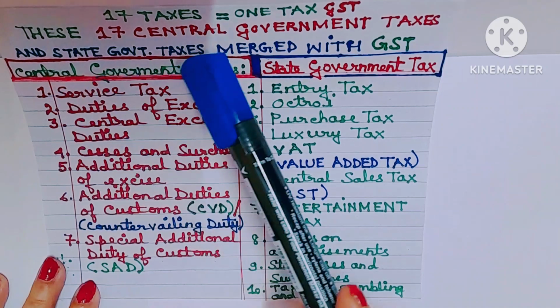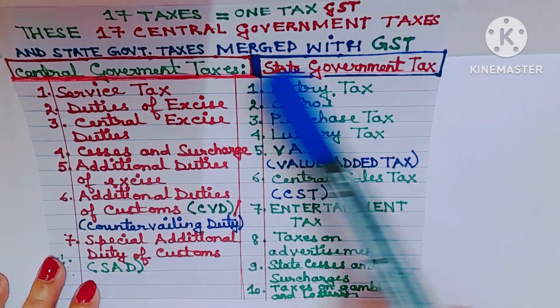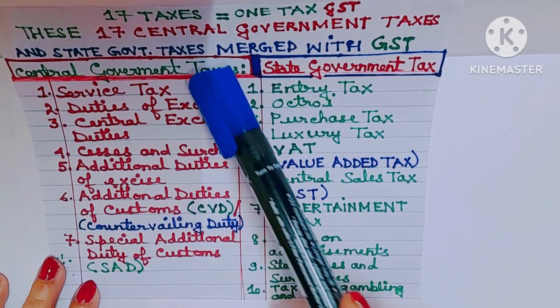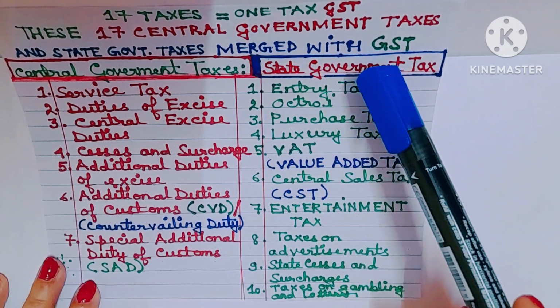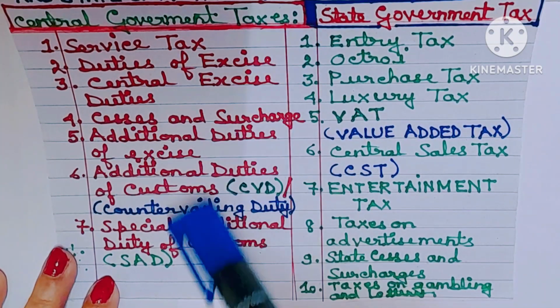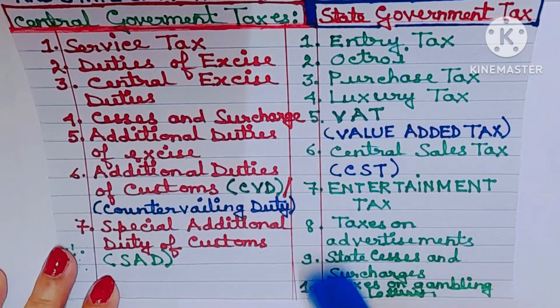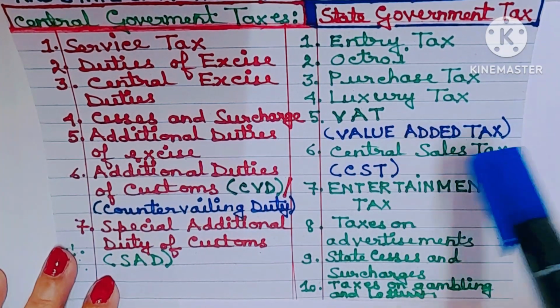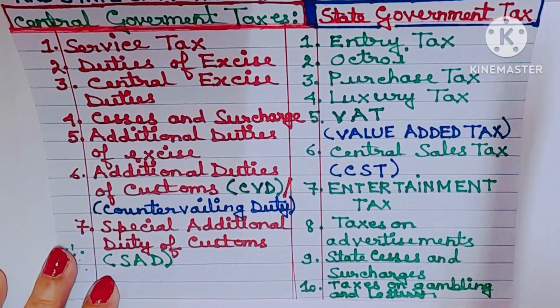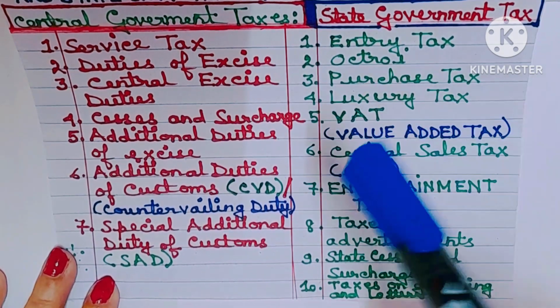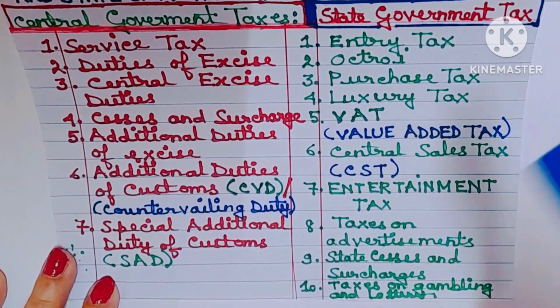See, these 17 central government taxes and state government taxes merge with GST. 7 central government taxes plus 10 state government taxes is equal to 17 indirect taxes, which have been replaced by a single tax called GST.